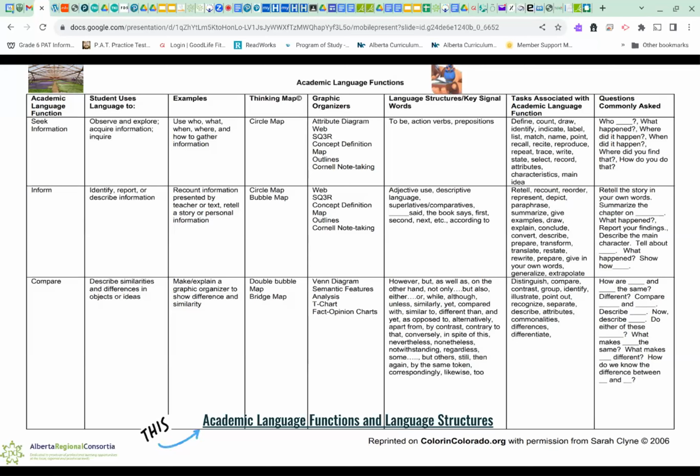So if you want students to be able to define or identify, are they familiar with the "to be" verbs and their conjugations, action verbs, prepositions? Or when they're informing, do they understand what adjectives and descriptive language look like, or superlatives and comparisons? Or even some of those little signal words, right?